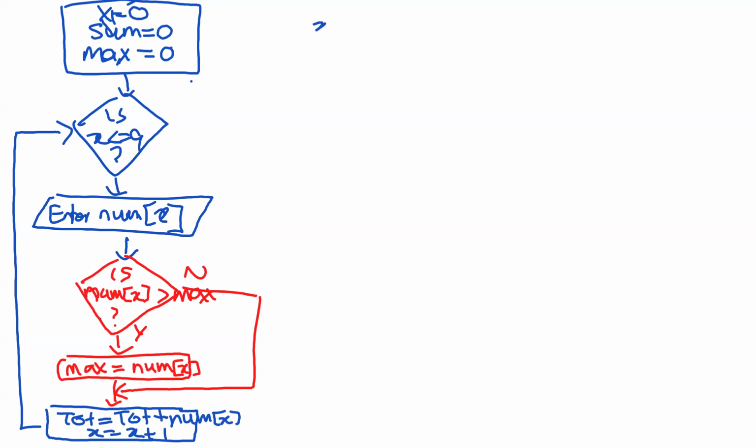X equal 0. Actually, here I have used sum, but in all the other places I have used total, right? So that is incorrect. Sum equal 0, max equal 0.